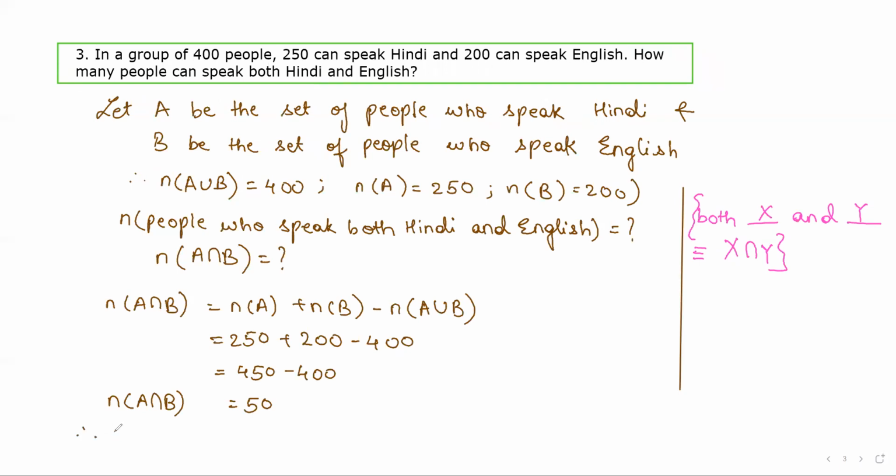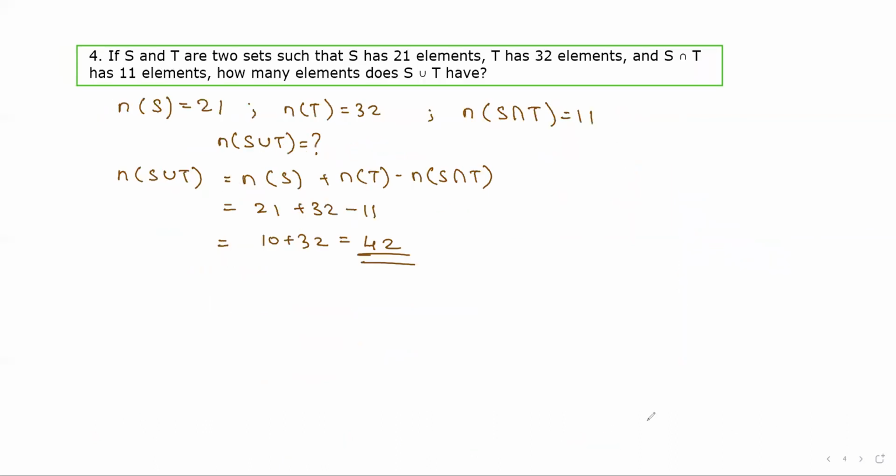Therefore, 50 people can speak both Hindi and English. Here, how many elements does S union T have? S union T has 42 elements.